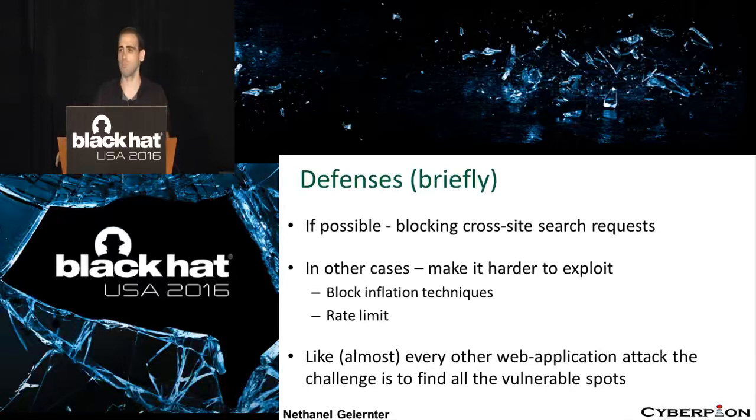And this is just like most of the other web application attacks, such as input validation. The real challenge is to detect all the vulnerable spots. As you could see in the Gmail example, just blocking all the cross-site search requests wasn't enough. It was possible to launch the same attack by exploiting the autocomplete suggestion feature. So the real challenge is to identify all the vulnerable spots.